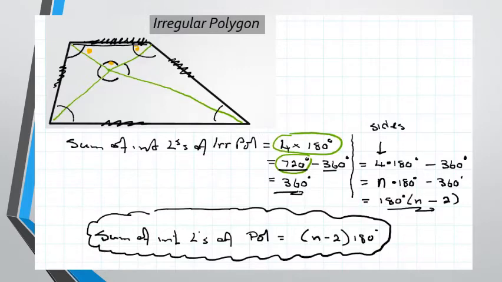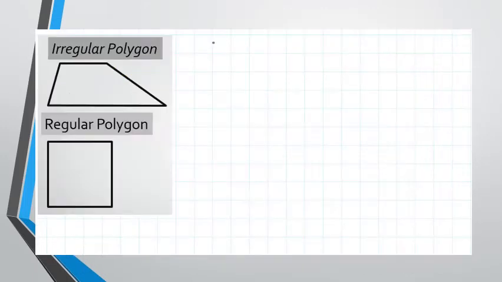Let's go for another idea. If I look at the figures on this page now, I do see that I have the irregular polygon as well as the regular polygon.